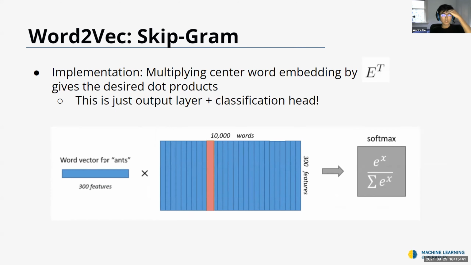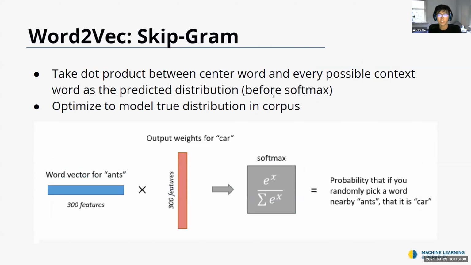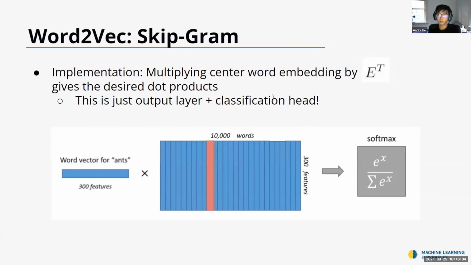So let's say you have the word embedding for ant, and you want your model to predict the distribution of other words. Given that the center word is ant, predict the probability of, say, car being in the next 2 words, or the probability of another word like tree being in the next 2 words.